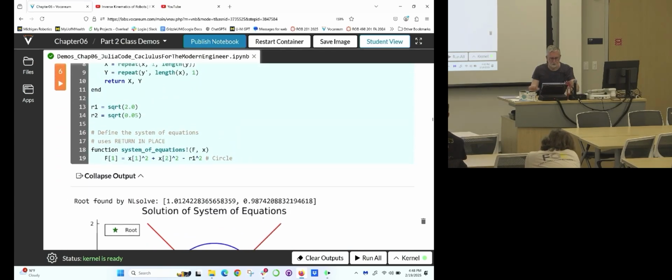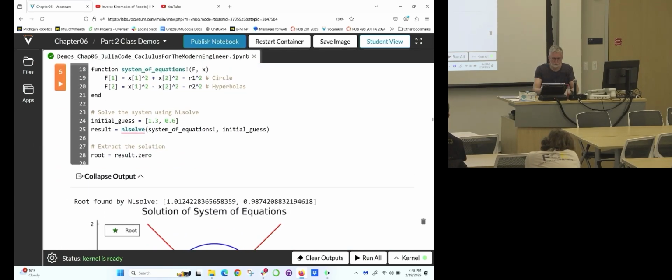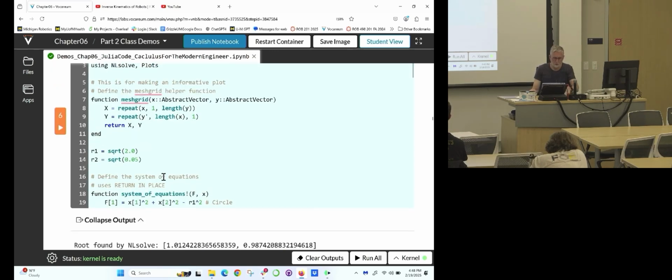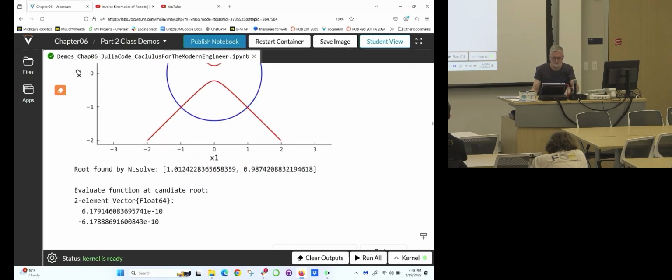Now, the function I chose depends on two variables, x1 and x2. One of the functions forms a circle, and the other one forms a hyperbola, and there'll be a positive solution and a negative solution because of the x squareds, okay?